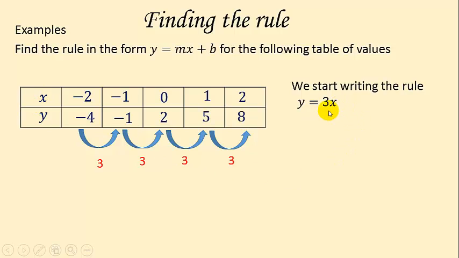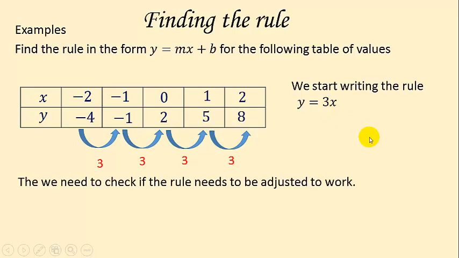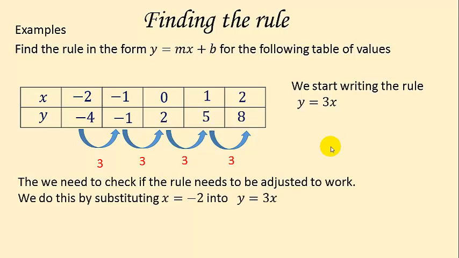So we check that rule and see if that works. So y equals 3 times x. So when x is -2, we substitute that in. So 3 times -2, it's not -4. That's checking if we need to make an adjustment to the rule. So we substitute -2 in, y equals 3x to get -6.